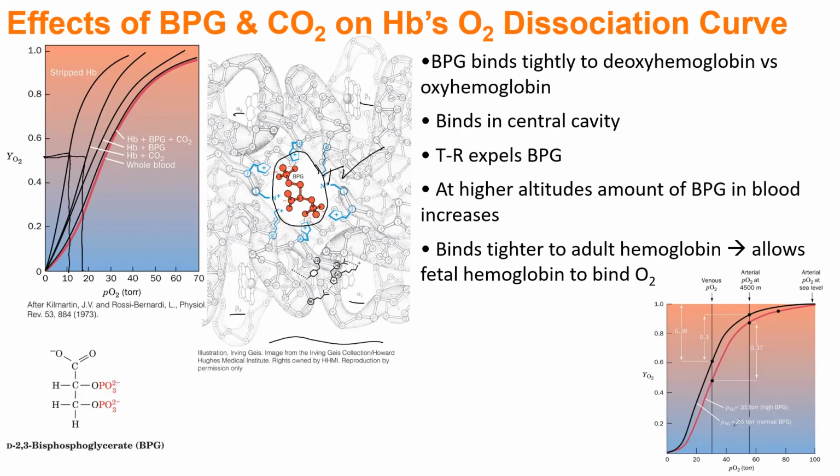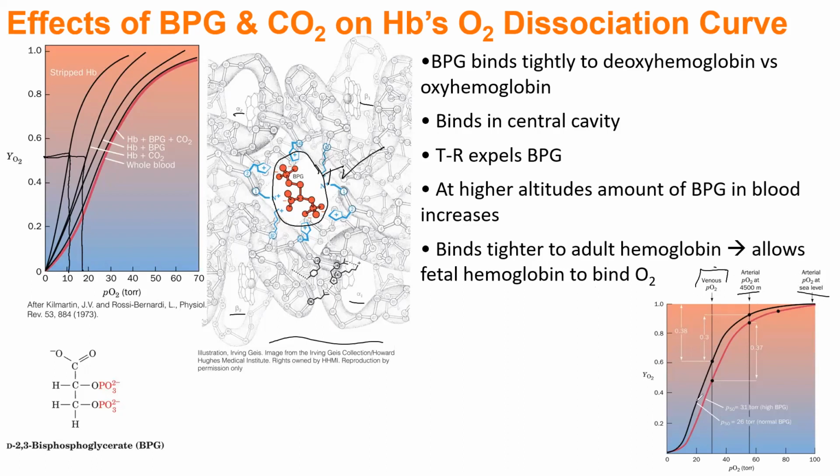All right, so what we're looking at here is basically the pressure of oxygen in your veins. So that's this right here. And we're looking at the pressure of oxygen in your arteries at 4,500 meters above sea level and at sea level. So let's just focus on sea level right here.